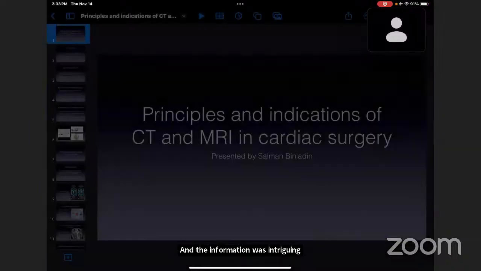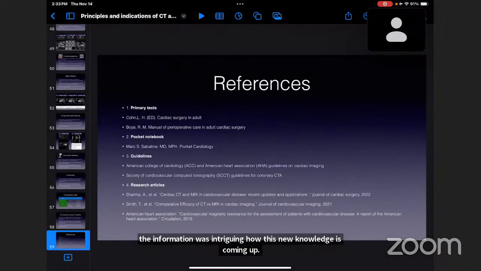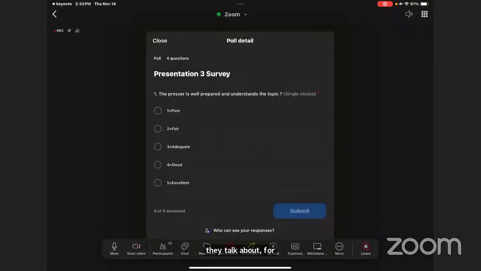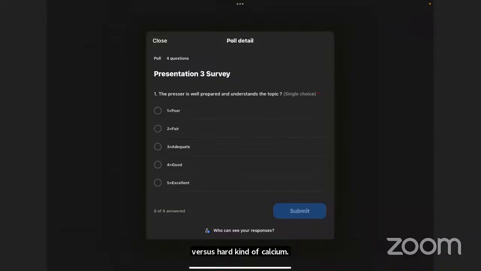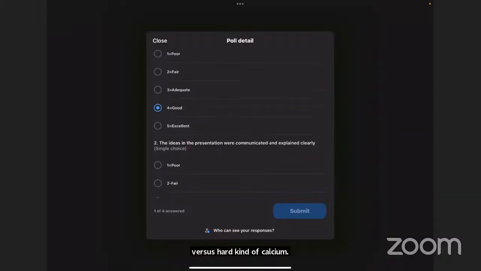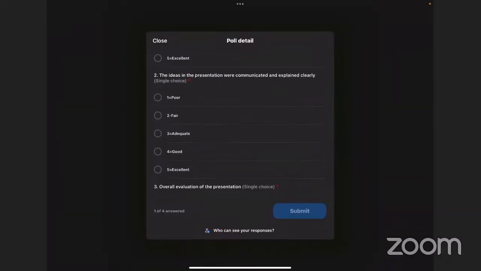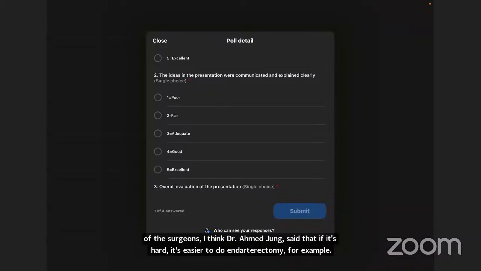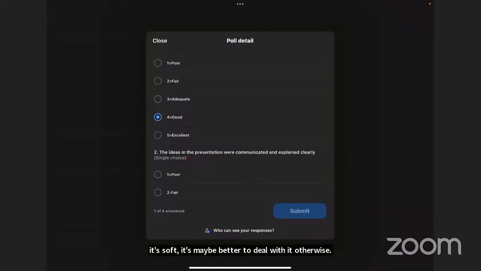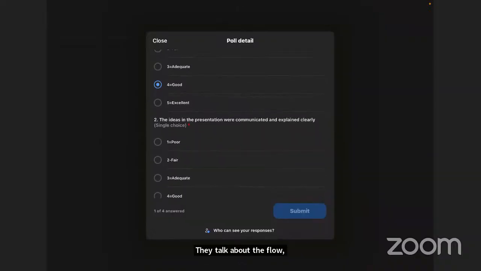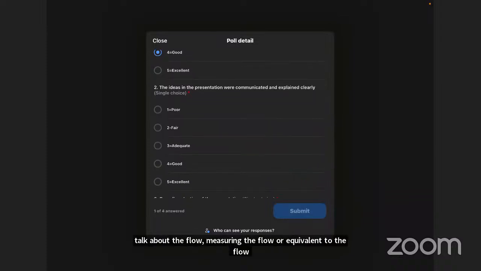They talk about, for example, soft kind of calcium versus hard kind of calcium. One of the surgeons, I think Dr. Ahmed Jamjoom, said that if it's hard, it's easier to do endarterectomy, for example. If it's soft, it's maybe better to deal with it otherwise. They talk about measuring the flow, or equivalent to the flow that we use in FFR.